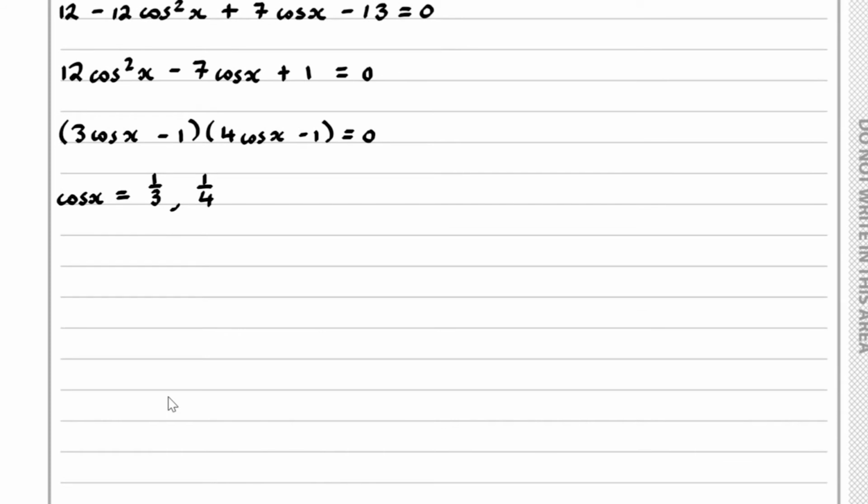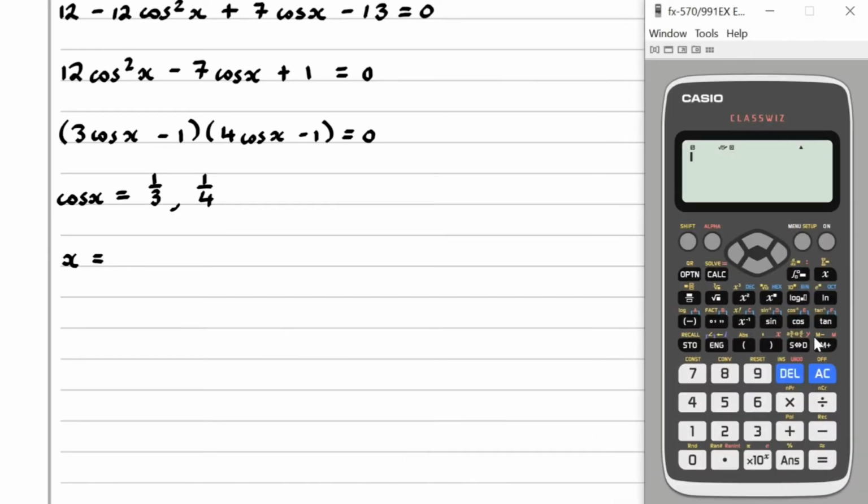Now, there are many ways of solving this, but what we can do is find out our initial two values and then add on repeats of 360. So, doing so, if I take the inverse cosine of 1/3, my first value is 70.528, etc. My next value, well, let's store this into my value of a. My next value will be 360 minus this, which is 289.471, etc. Let's store this into b.